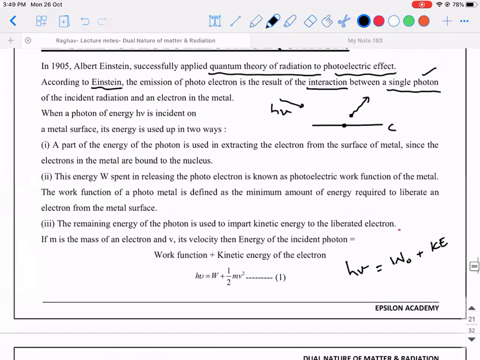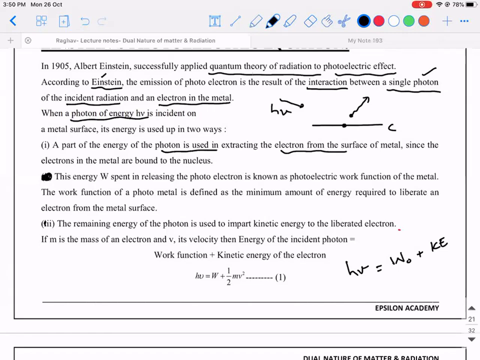So according to Einstein, the emission of photoelectron is a result of interaction between a single photon of the incident radiation and an electron in the metal. When a photon of energy h nu is incident on the metal surface, its energy is used up in two ways. Part of the energy of the photon is used in extracting the electron from the surface of the metal, since the electrons in the metal are bound to the nucleus.